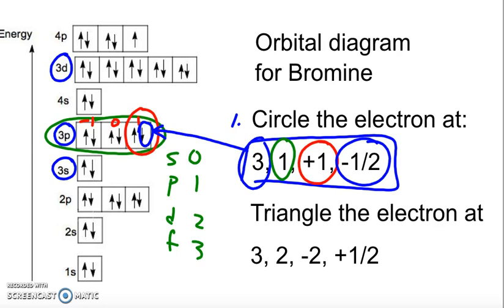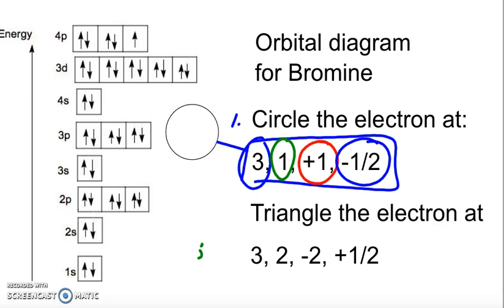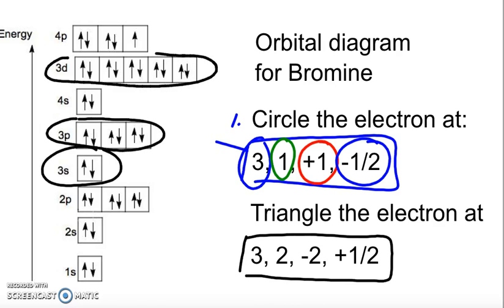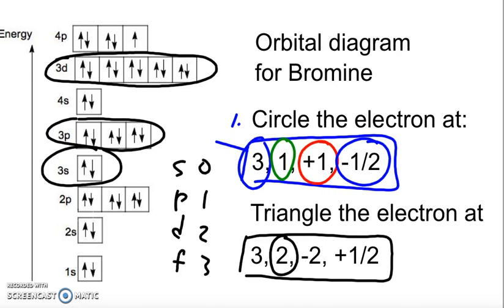Put a triangle around the electron at 3, 2, -2, +1/2. I'm going to erase this so we can do the process all over again. So 3, 2, -2, +1/2. We're still looking at an electron in the third energy level, one of those three possibilities. The second quantum number of 2, remember s, p, d, f is 0, 1, 2, 3, means it's in the d sublevel.